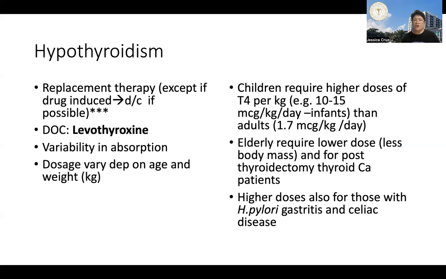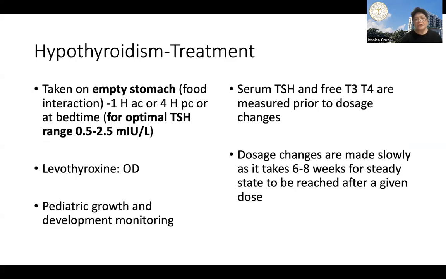Then, because H. pylori gastritis and celiac disease may inhibit optimum absorption of levothyroxine, we usually offset this by giving higher doses. It is taken on an empty stomach, either 1 hour before or 4 hours after a meal, or at bedtime.